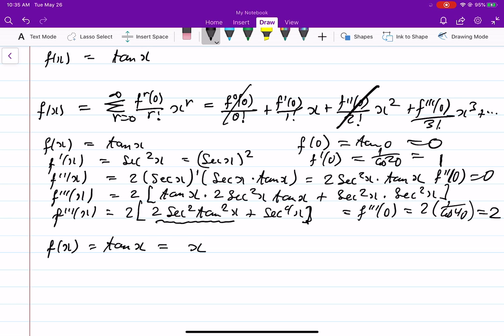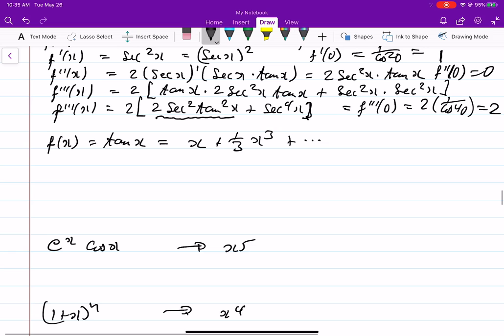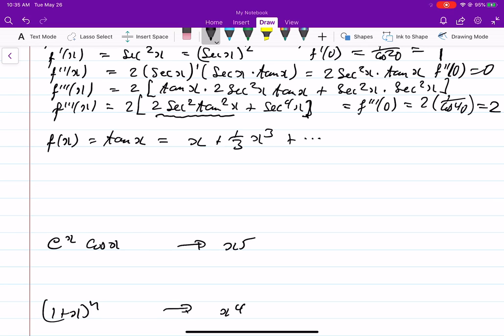And then f triple prime is 2, so this would be plus 2 upon 3 factorial. 3 factorial is 6, 2 upon 6 is 1/3. So plus 1/3 times x cubed plus yada yada yada. So that looks like the appropriate one for tan x. I don't think I made an error, but again, y'all can double check me there.